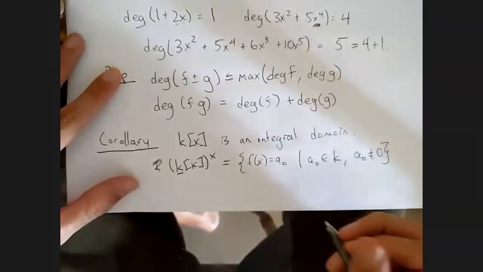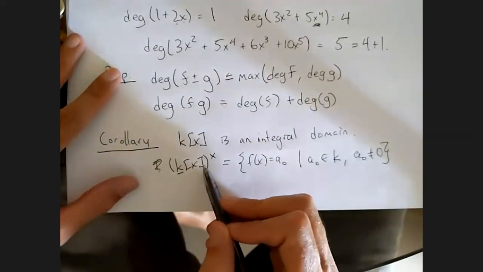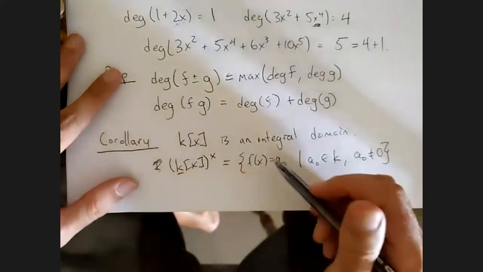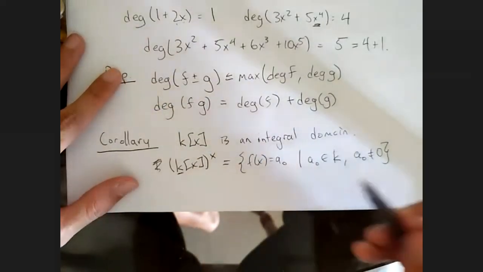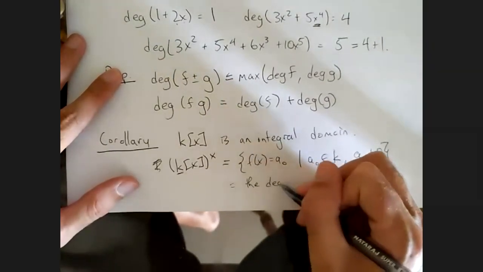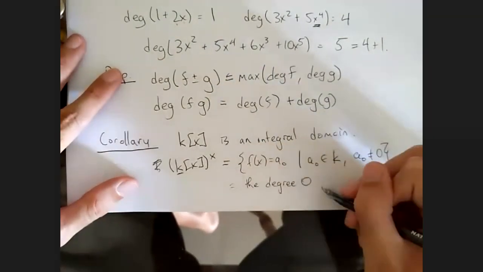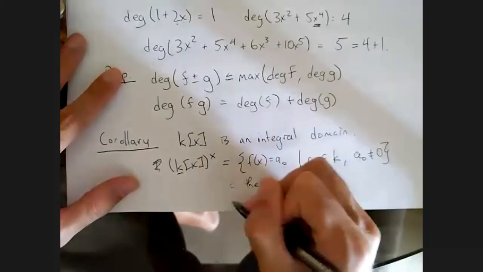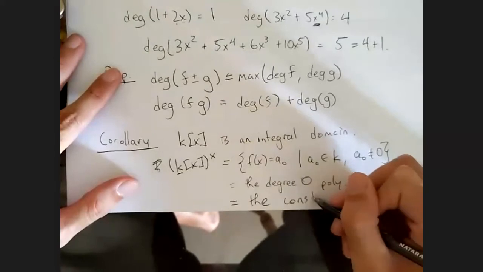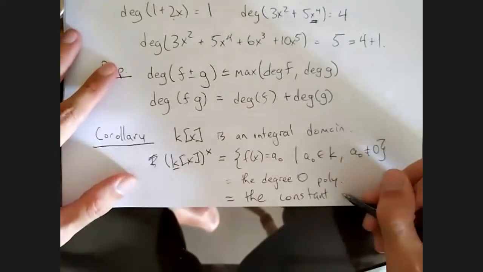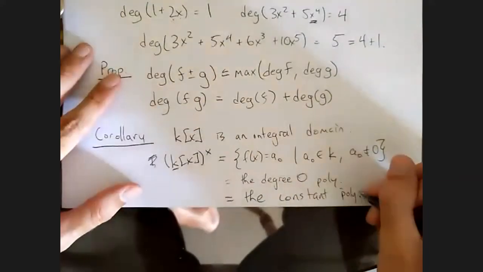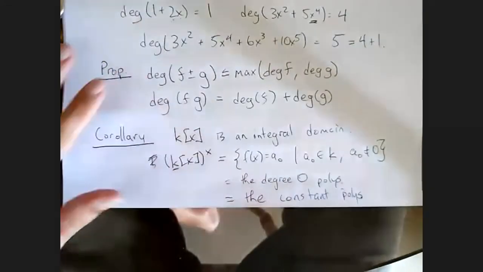In other words, the units in K[x] are the polynomials with degree 0, in other words, the constants or the scalars.